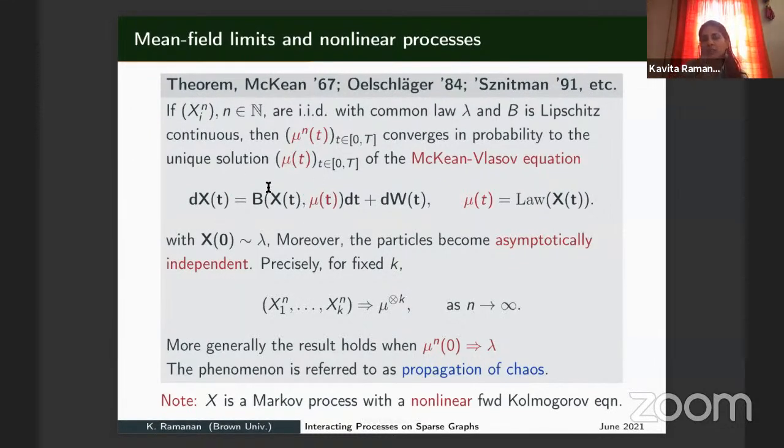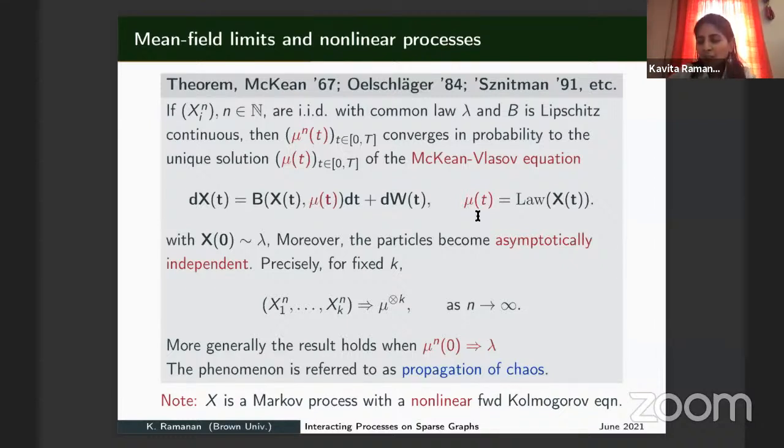And so you can write down the forward Kolmogorov equation for this process. If there was no mu dependence, this would be a linear PDE, but because you have this mu dependence, it becomes nonlinear. That's why these things are called nonlinear processes.